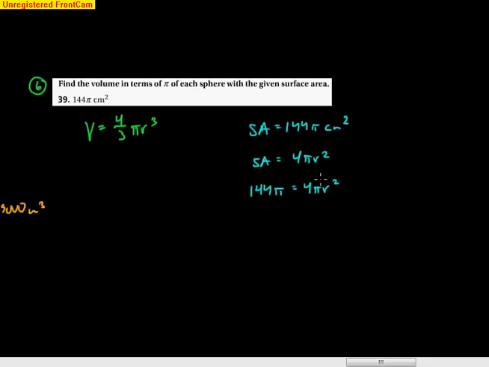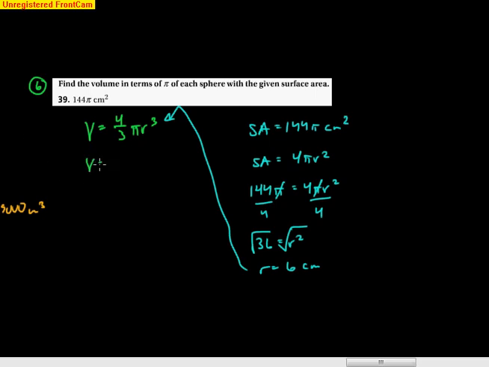And now, look, you have pi's on both sides. Divide by 4. 36 equals r squared. And then take the square root. Two answers, plus or minus, only keep the positive, 6 centimeters. There's your radius. Plug away. Volume equals 4/3 pi times 6 cubed.